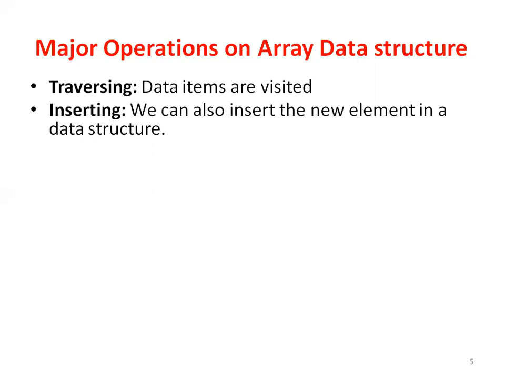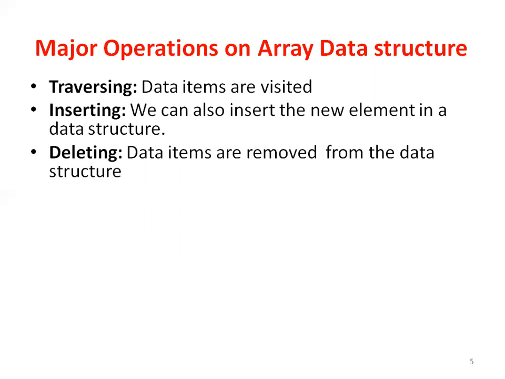So insertion means we can insert a new element in the array data structure. Then deletion. So in deletion, the data items can be removed or deleted from the array data structure. Modifying is another operation. So you can change or modify some value in the array data structure.